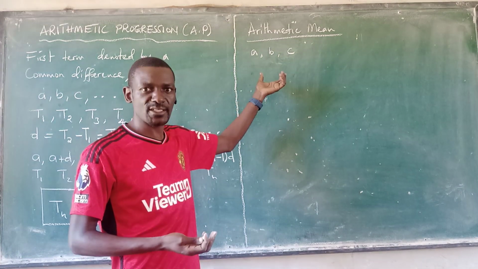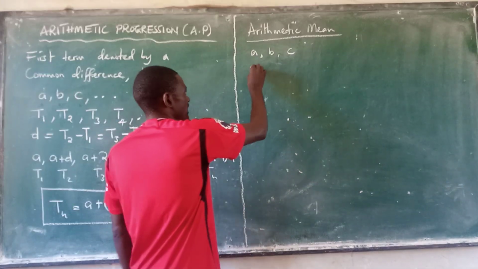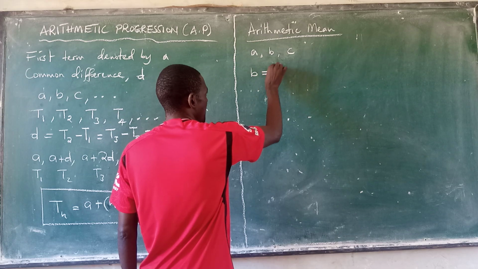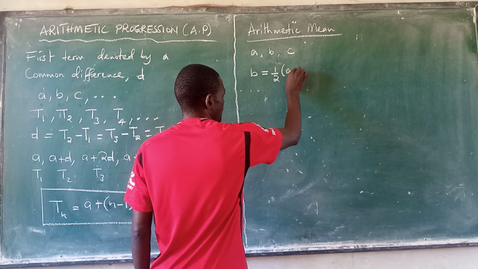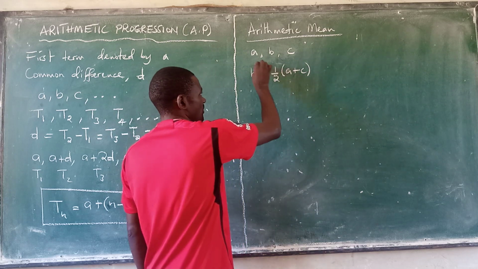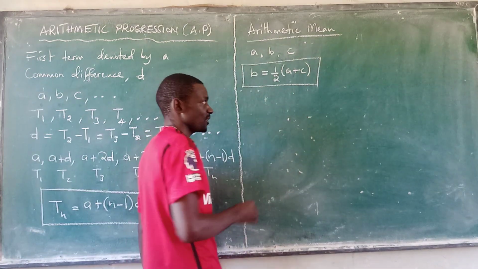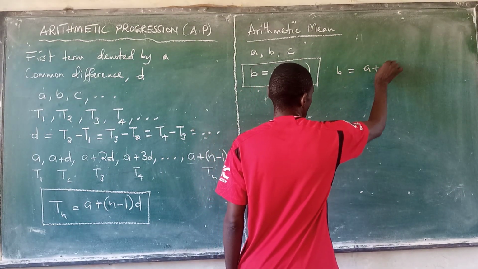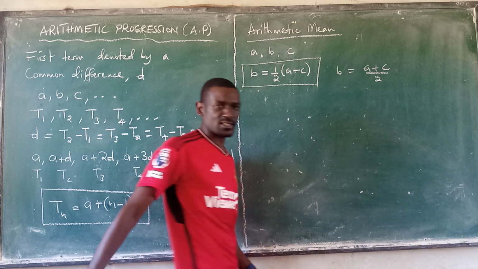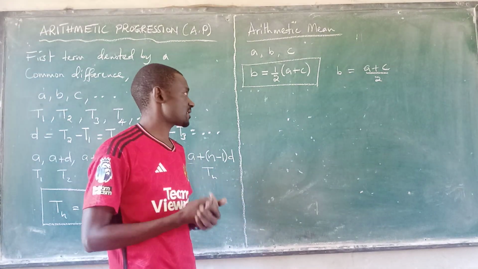That's why we refer to it as a common difference. And because of that, to find B, we can simply say half the open brackets A plus C. So this formula is the formula for the arithmetic mean, or you may just give it as A plus C over 2. So it's just the common mean that we know between two numbers.